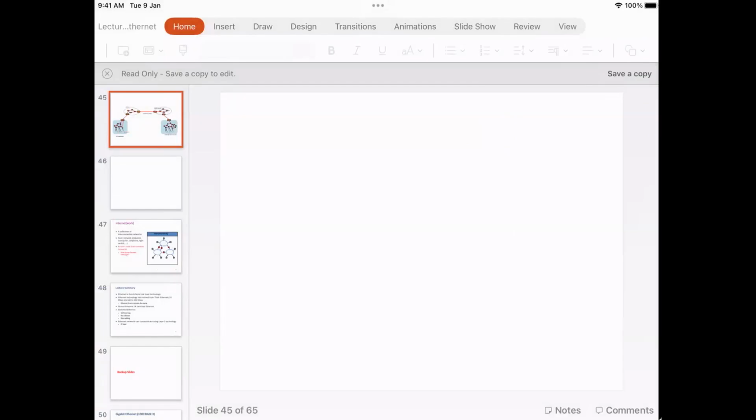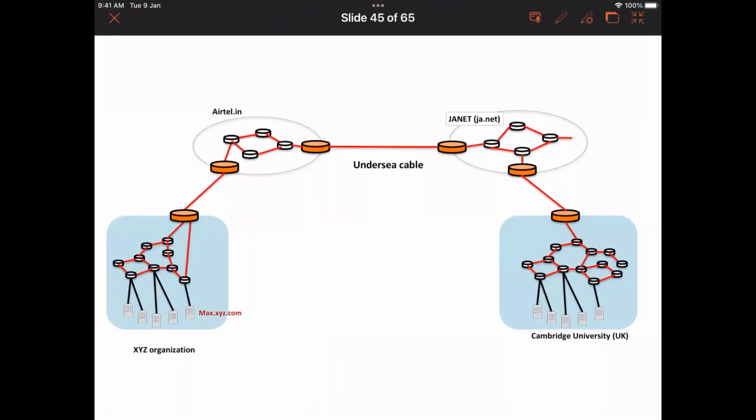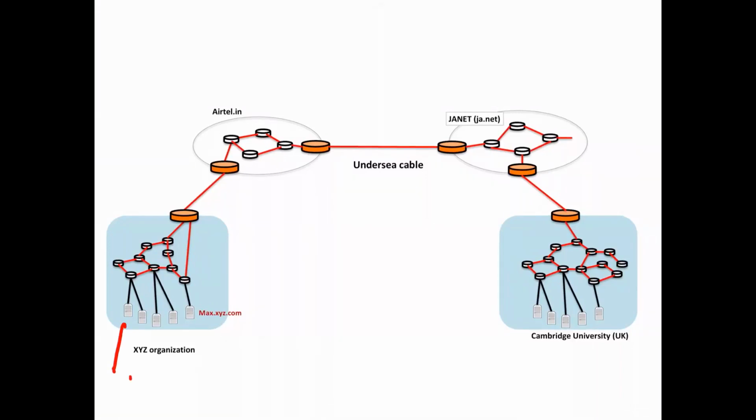So I will repeat this in another one minute and then we'll close. Now this node has to send an IP packet. It will put the IP packet within an Ethernet frame, and the destination address in that local area network will be the Ethernet address of this router.